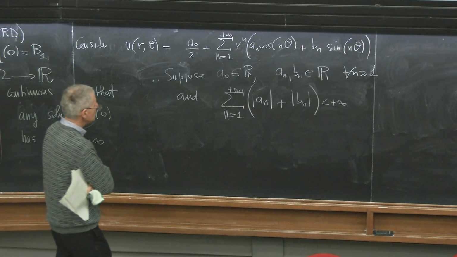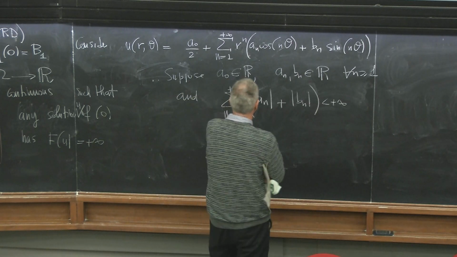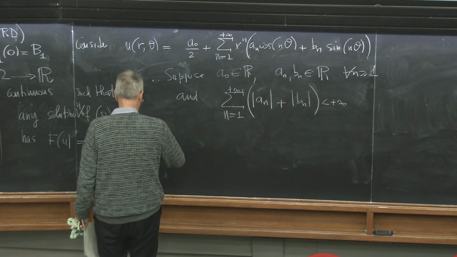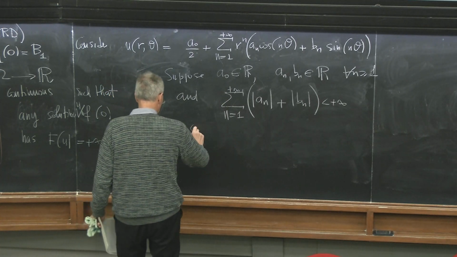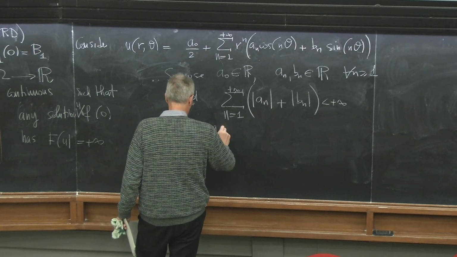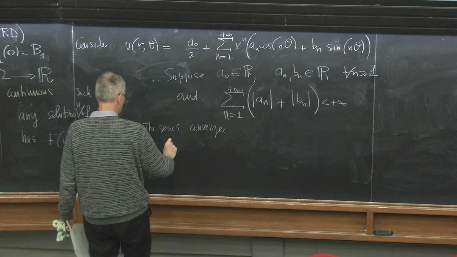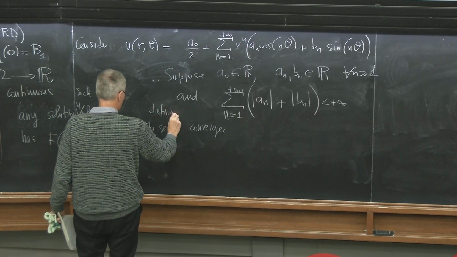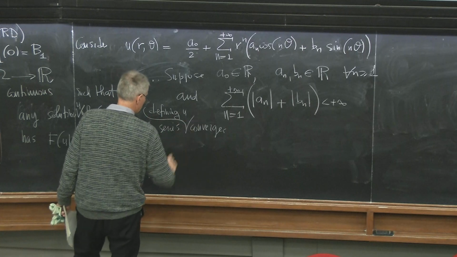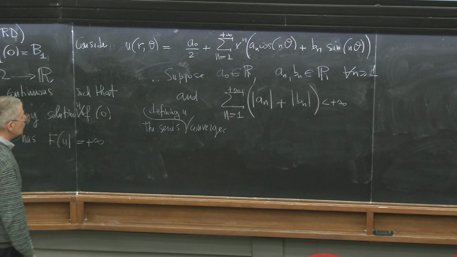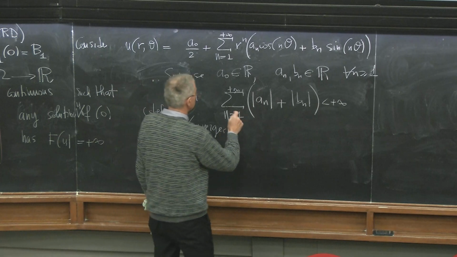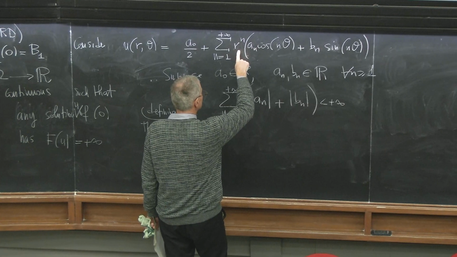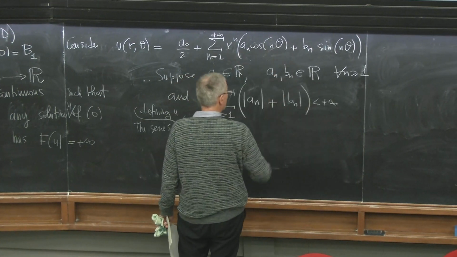Under this assumption, it turns out that u, the series defining u, converges uniformly, because you see, when r is equal to 1, this is finite, so it's okay.